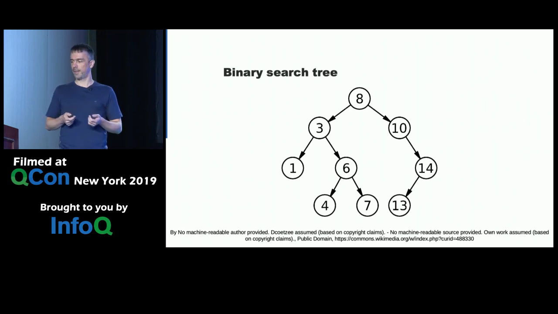So to prevent that, over time, a number of tree variants have been devised as a class of self-balancing trees that perform tree rotations or other operations after inserts or after deletes in order to minimize the difference between the longest branch of the tree and the shortest branch of the tree.